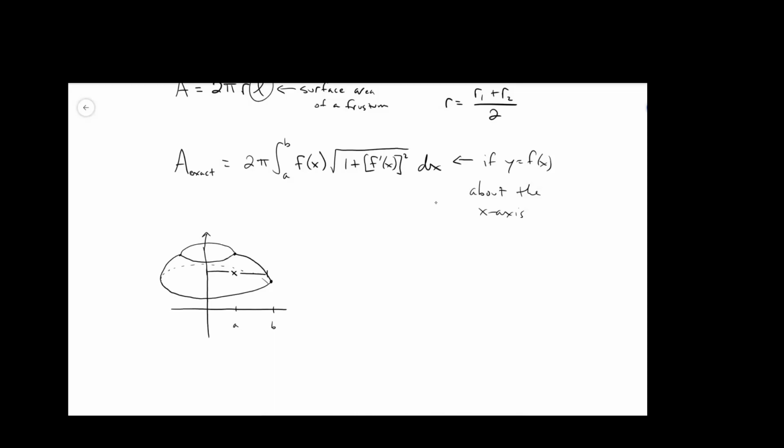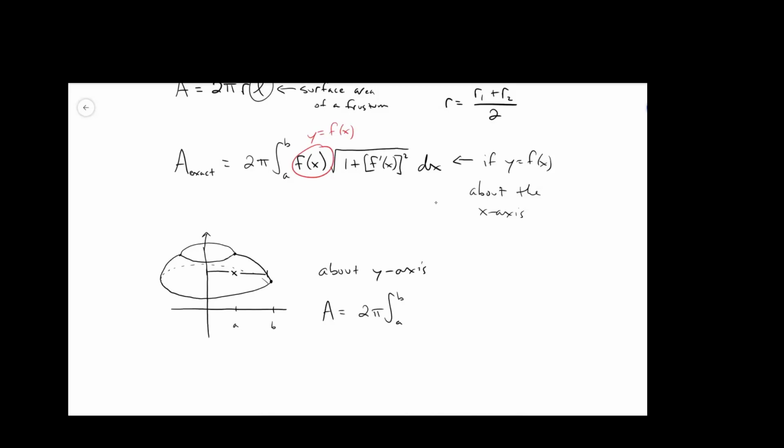So if it's about the y-axis, how does this formula change? Well, the area in this case is going to be 2 pi times the integral from a to b. And instead of having a y there, because remember this is really a y, y equals f of x, what would I put instead?